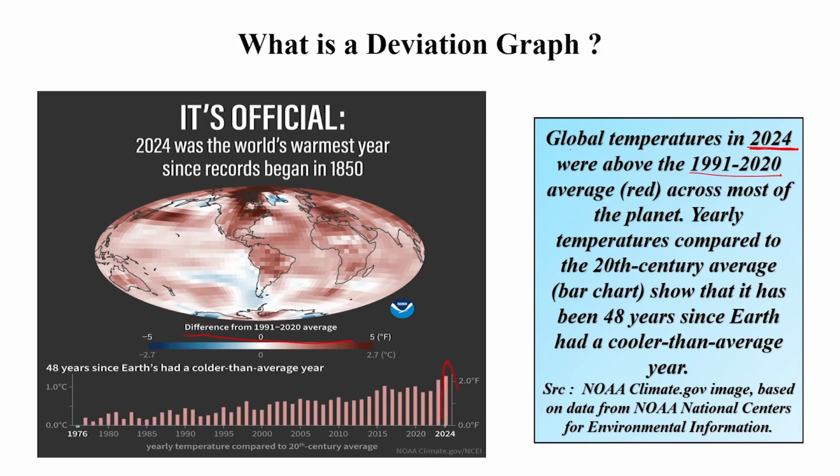In 2024 the temperature was higher than the average, and from 1976 to 2024, only 1 year was colder. Only 1976 was colder in those 48 years. That was the only colder year than the average. In the rest of the years, the temperature shows an increasing trend from the average temperature.